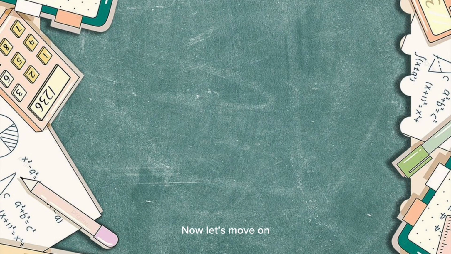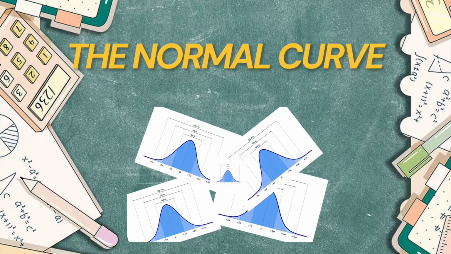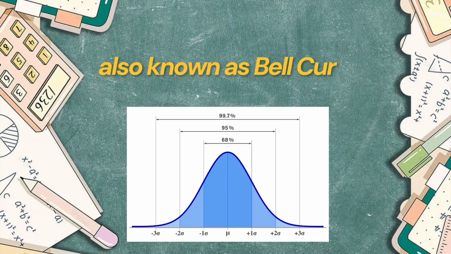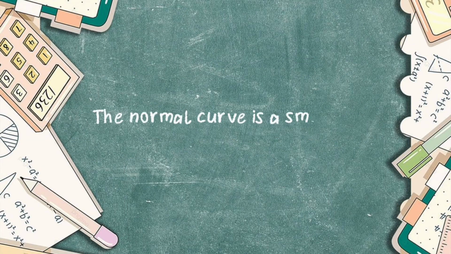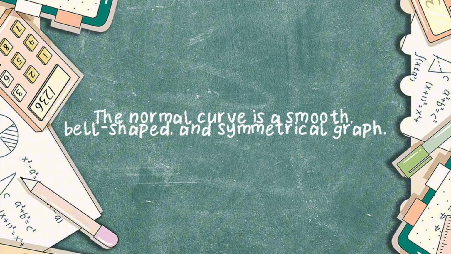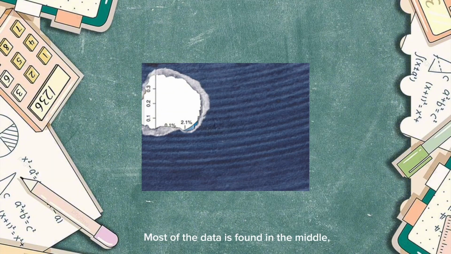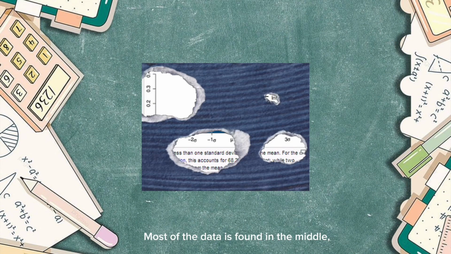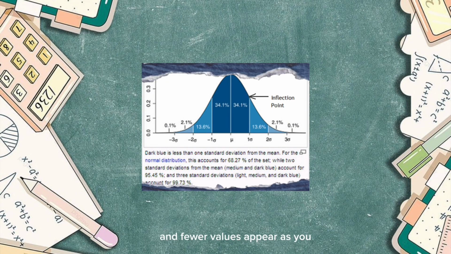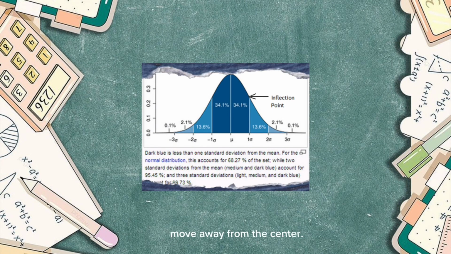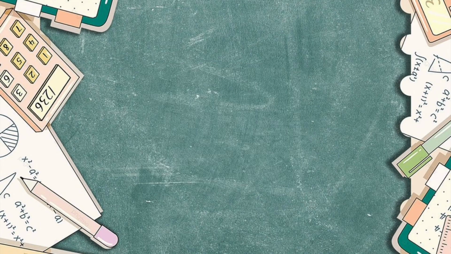Now let's move on to one of the most important graphs in statistics, the normal curve, also known as the bell curve. What is a normal curve? The normal curve is a smooth, bell-shaped, and symmetrical graph. Most of the data is found in the middle around the mean or average, and fewer values appear as you move away from the center.